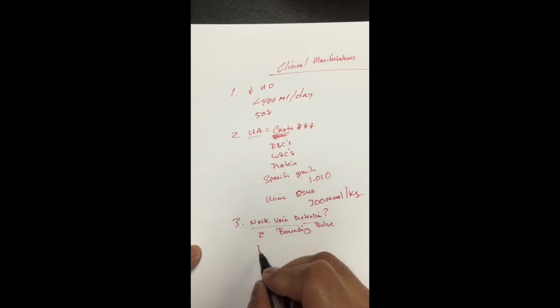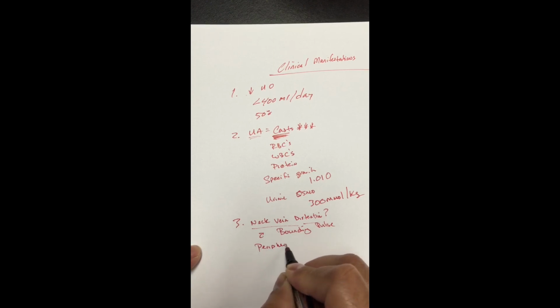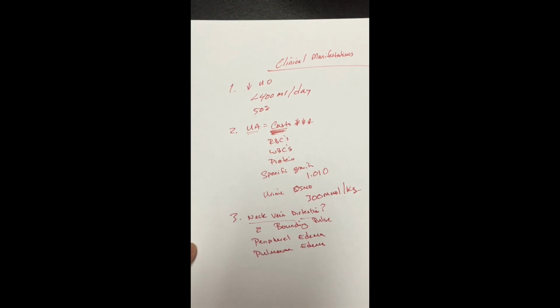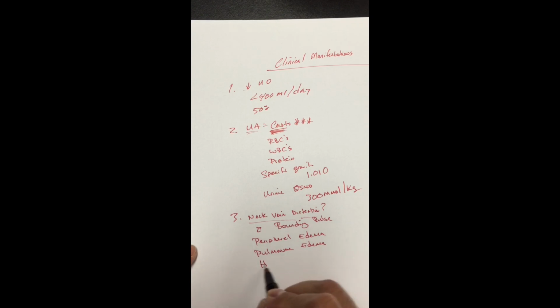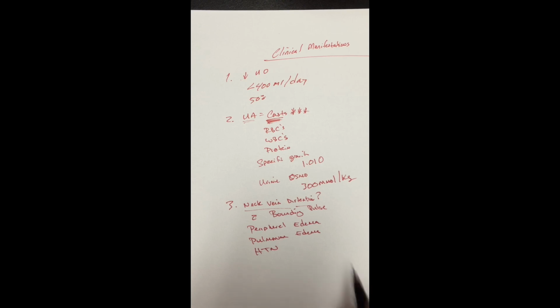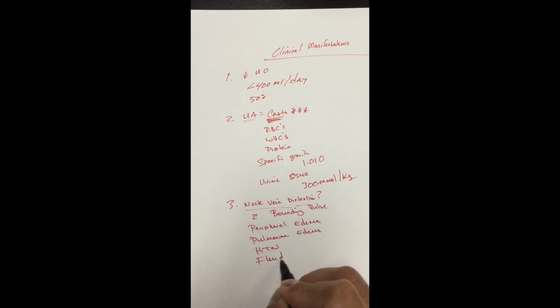As a result, you will also have peripheral edema, pulmonary edema, hypertension, again, because you're accumulating large amounts of fluid. So you'll have fluid overload.